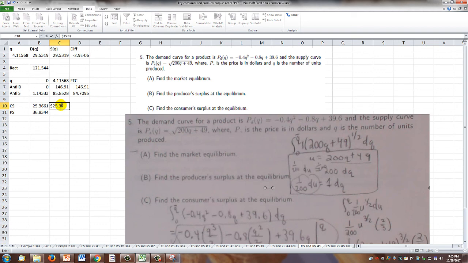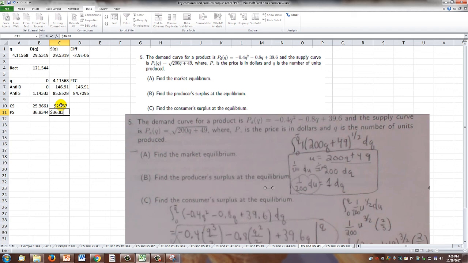$25.37 is the total gain by consumers because what they were willing to pay was higher than what they actually had to pay. And the producer surplus is $36.83 because that's the total gain by producers because what they were willing to sell their item for was less than what they actually sold their item for.